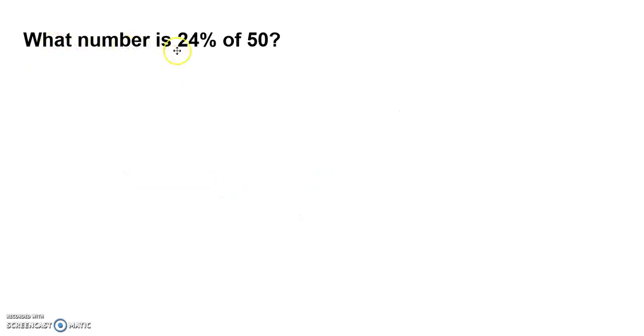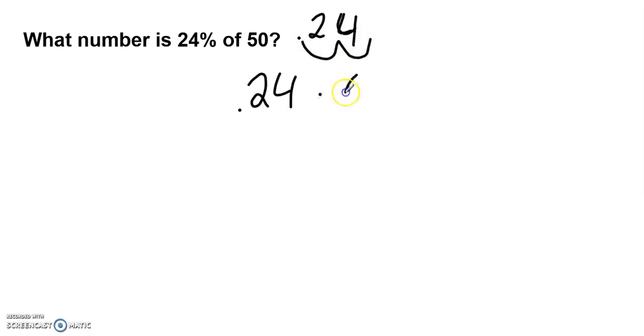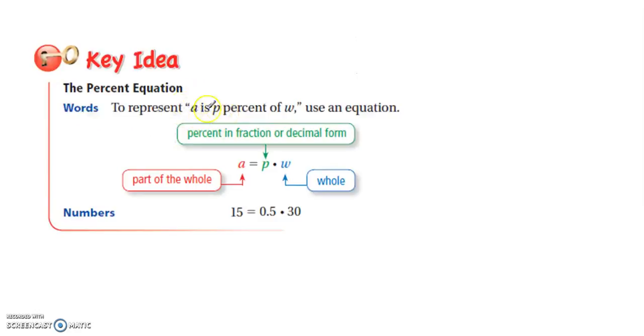So what number is 25% of 50? We have 0.25, because that's how we rewrite the percent. That's what it turns into, and then times 50 is going to give us whatever A is.